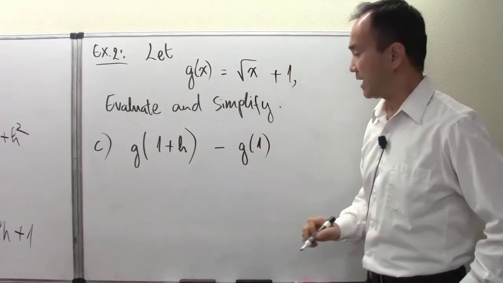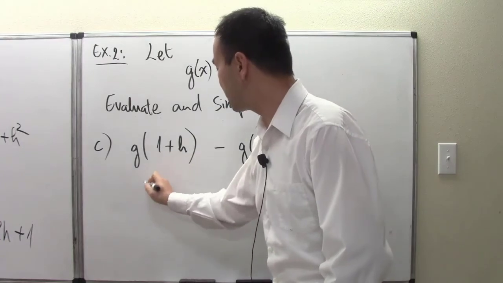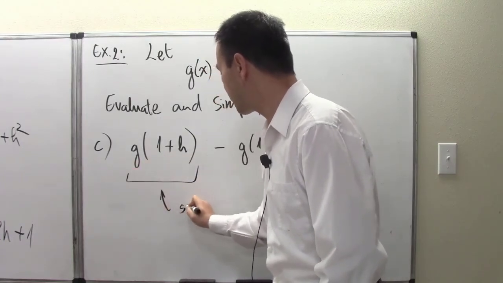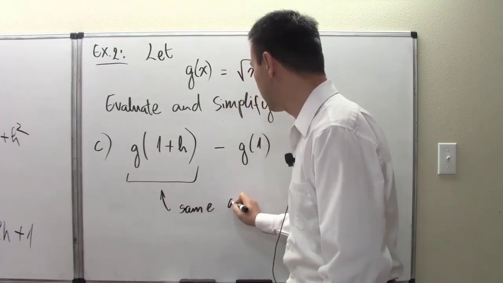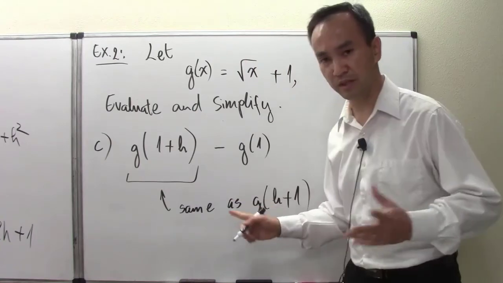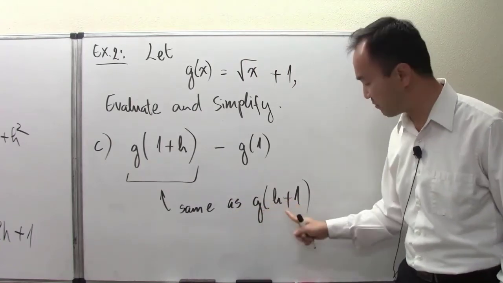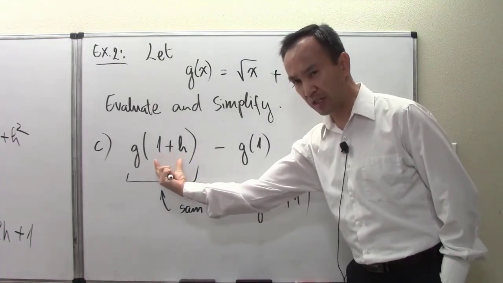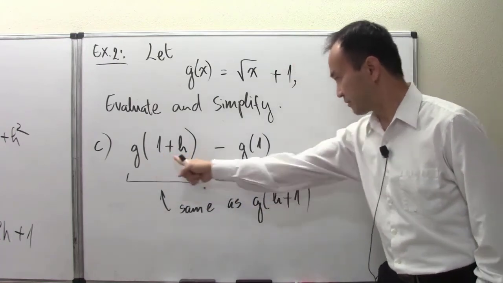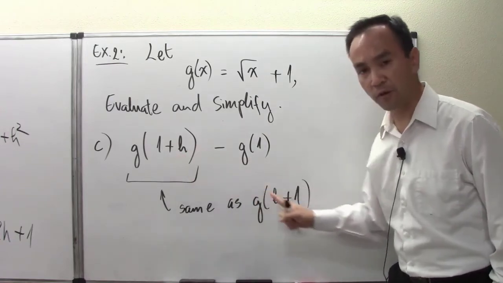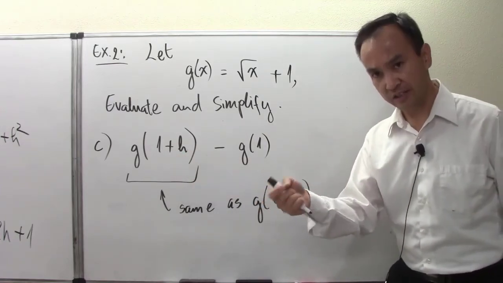Just a quick note: g of 1 plus h is the same as g of h plus 1. If you wrote it this way, it would be the same, because the expressions in between the parentheses are exactly the same, just in different forms, since addition is commutative.